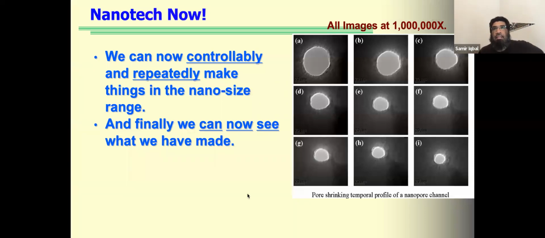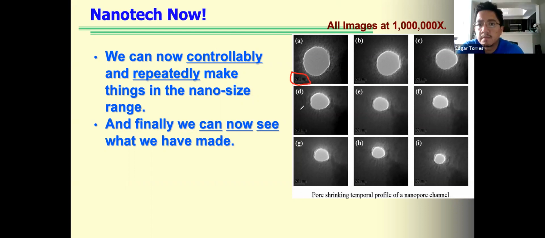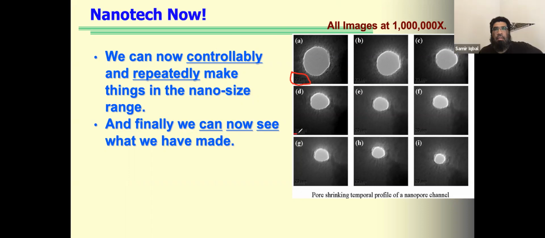Can you see there is a very small thing written on the top left of every picture? Do you read what it says? It says 20 nanometer. And there is a small bar to it. I'll just highlight the bar. So this is 20 nanometer.